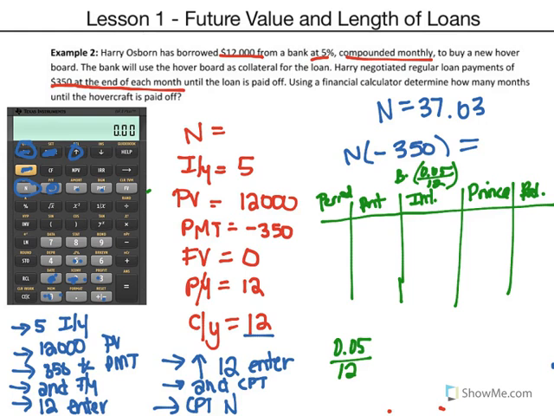So first we're just going to see for 36 months, I'll tell you that the balance is $37,400. So now we're going to calculate this. We know we're at the 37th month, we're making a payment of $350.